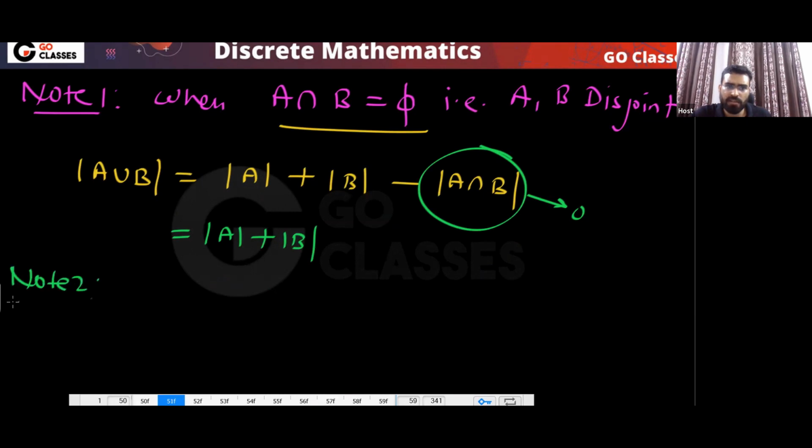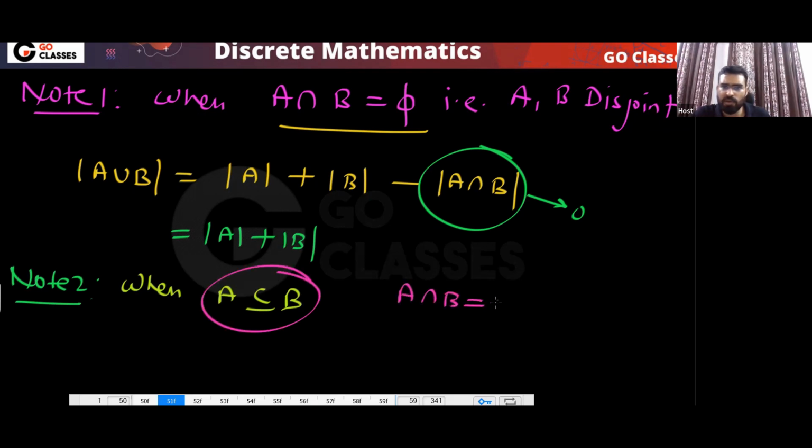Another note you can take: if A is a subset of B, then what will happen? It means A intersection B is equal to A. That is by implication. Now finally, what will be the cardinality of A union B?